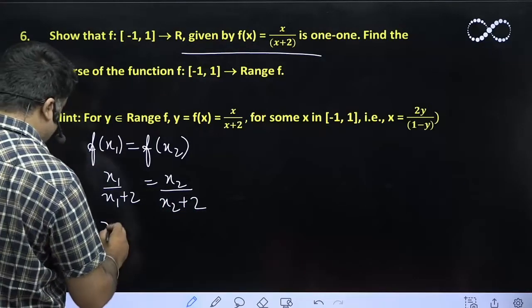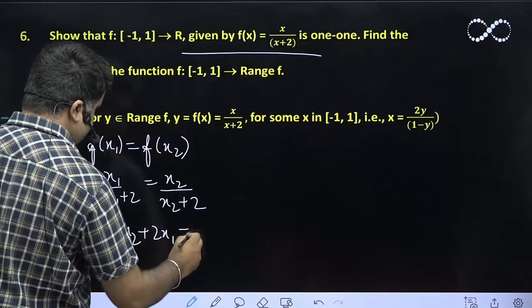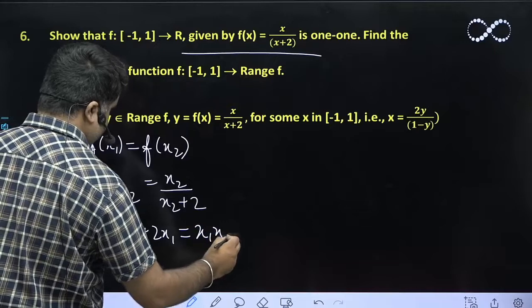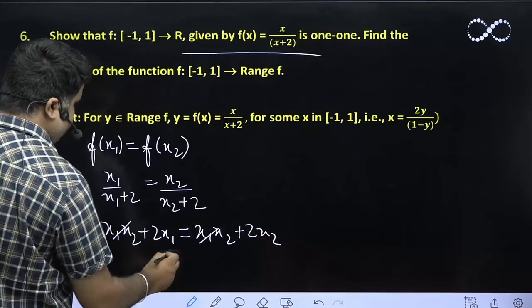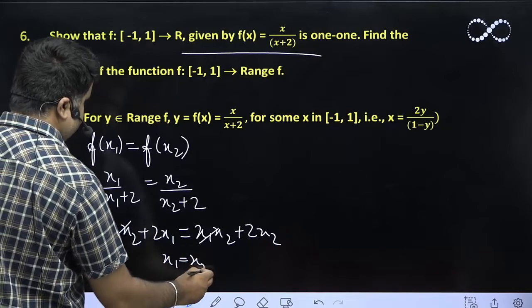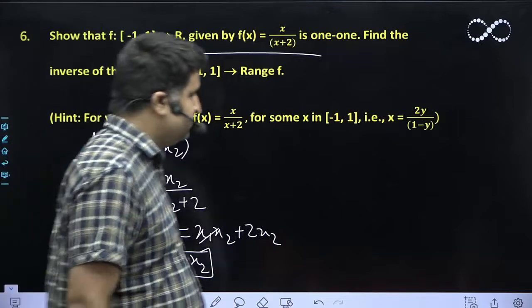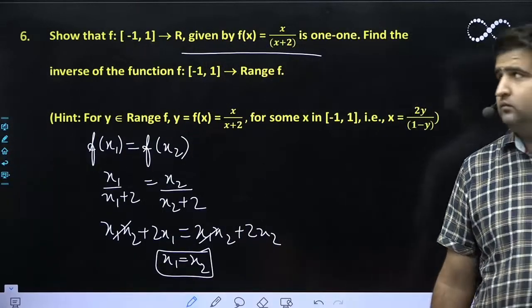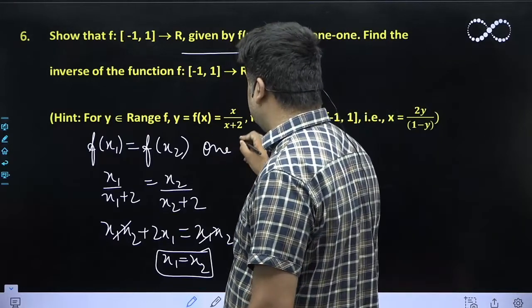You cross multiply, you get x1 x2 plus 2x1 is equal to x1 x2 plus 2x2. So we get x1 is equal to x2. Therefore, we say that this function is a one-one function. And it's very easy to show that this function is an onto function as well.